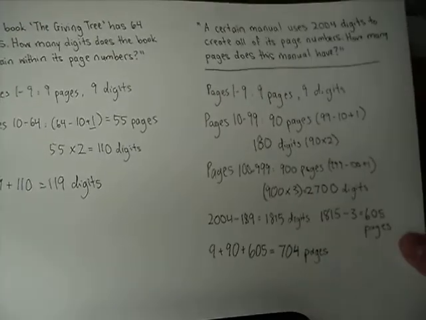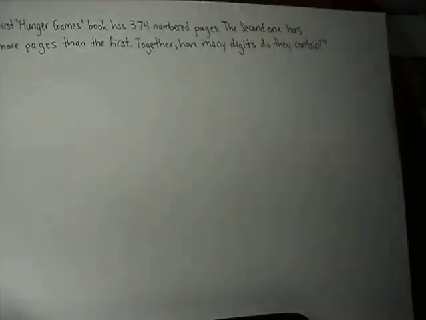Now let's move on to our last problem of the day, The Hunger Games. So the first Hunger Games book has 374 numbered pages. The second one has 17 more pages than the first. Together, how many digits do they contain?